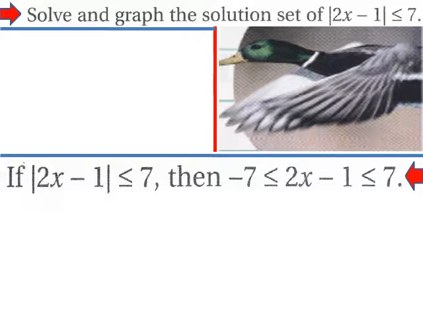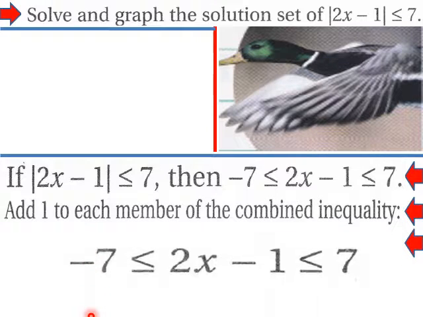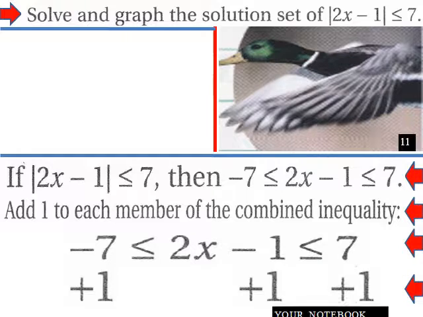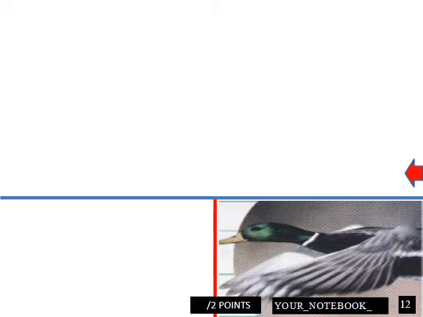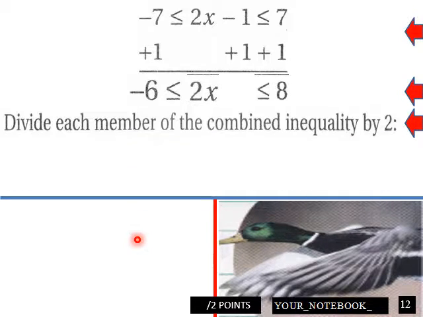Solve and graph the solution set of |2x minus 1| less than or equal to 7. We have negative 7 is less than or equal to 2x minus 1, which is less than or equal to 7. Add 1 to each member of the combined inequality. We get negative 6 less than or equal to 2x, and 2x less than or equal to 8.